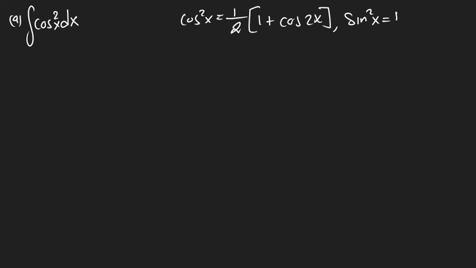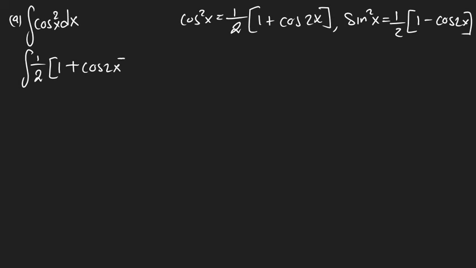So remember that under double angles, I was able to show you that your cosine squared of x was just equal to 1/2 open bracket 1 plus cosine 2x, and this implies that its relative sine is just going to be the opposite. So whenever you have something like this, replace with 1/2 of 1 plus cosine 2x, factor out 1/2.